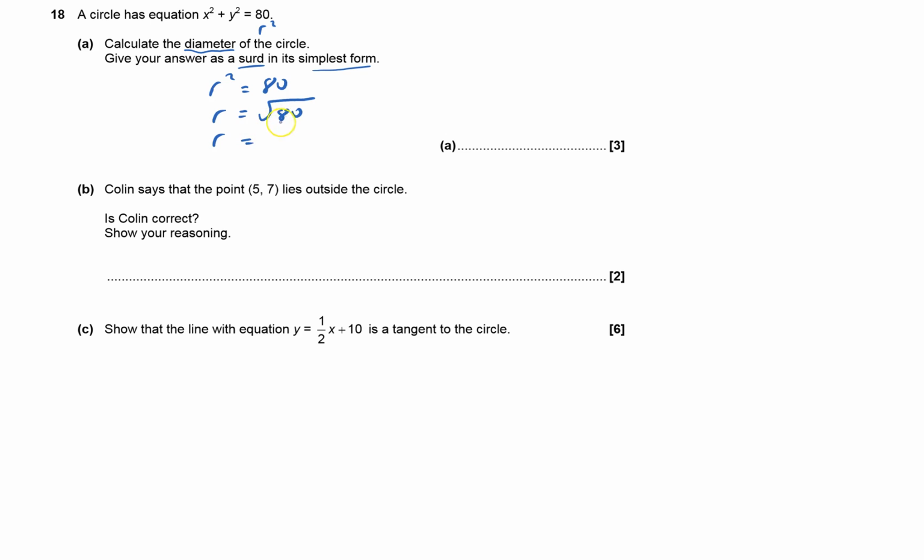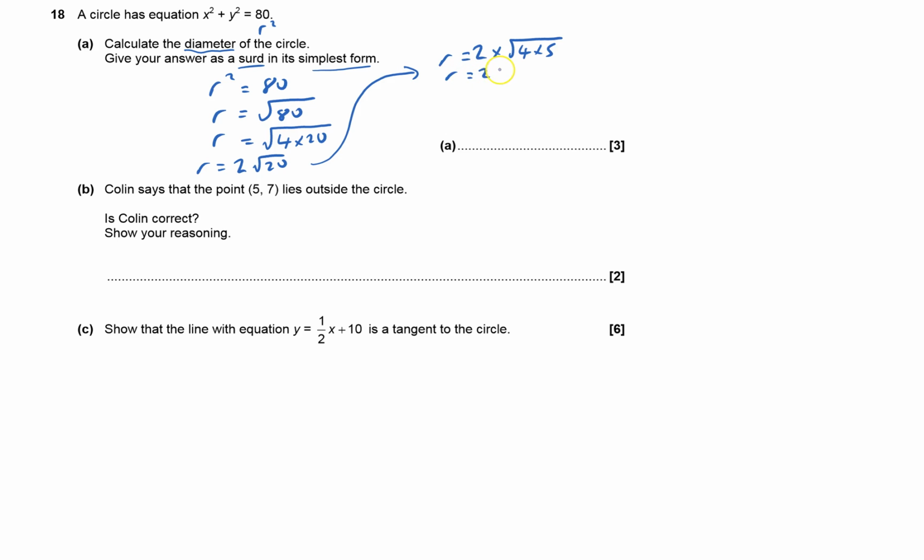So r equals the square root of 4 times 20, because 4 goes into that. That would be r equals the square root of 4, which is 2, times the square root of 20. But 4 also goes into the square root of 20, so r equals 2 times the root of 4 times 5.